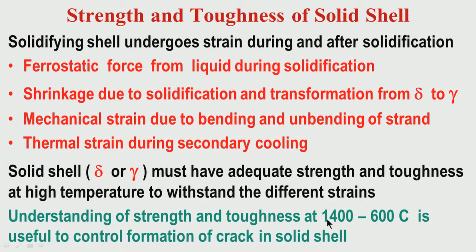So across the whole temperature range, from when solidification starts to even as low as 600 degrees centigrade, which is quite low, the relative values of strength and toughness in the strand are important, because they should be adequate to resist the formation of cracks. That is why it is important.